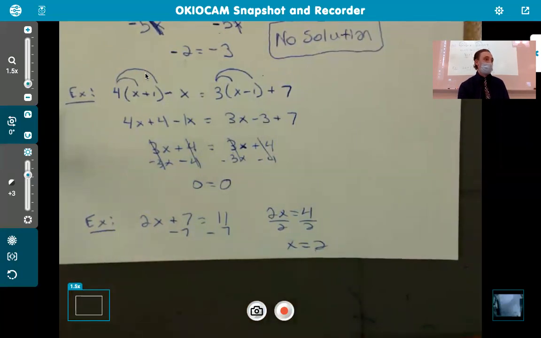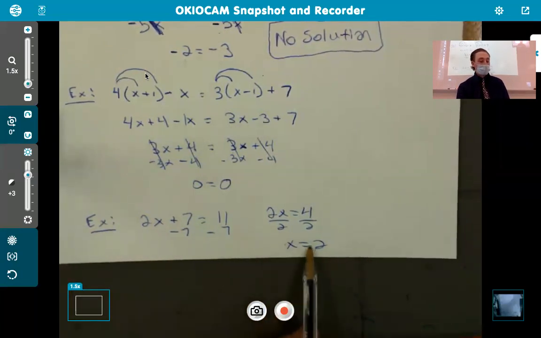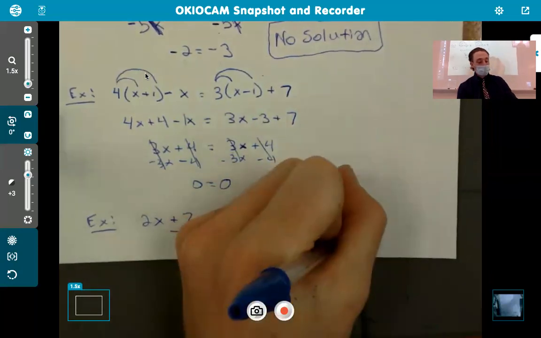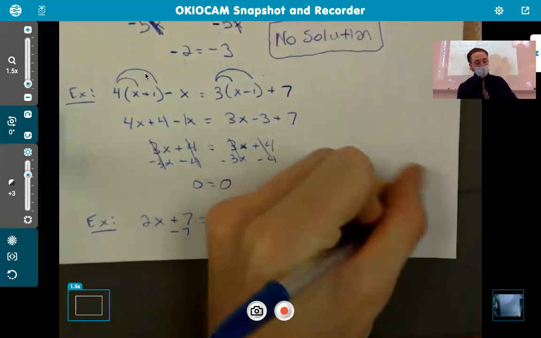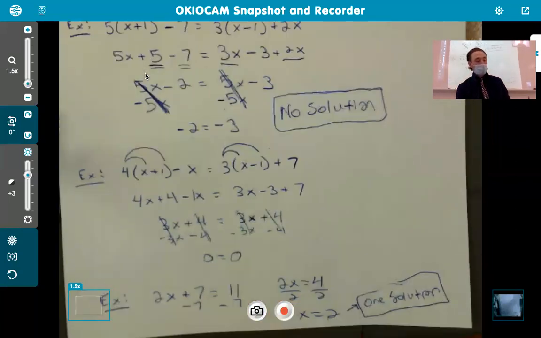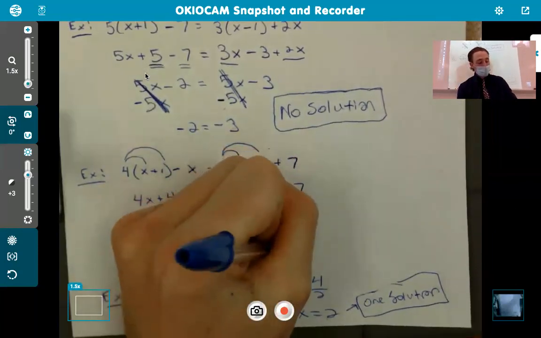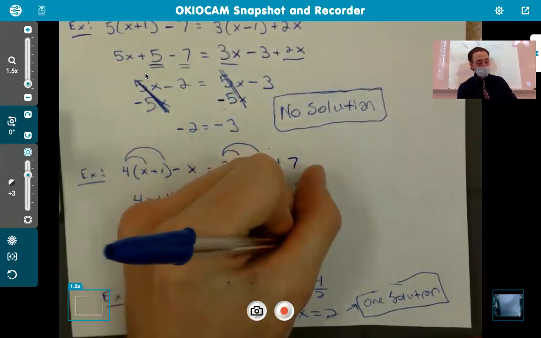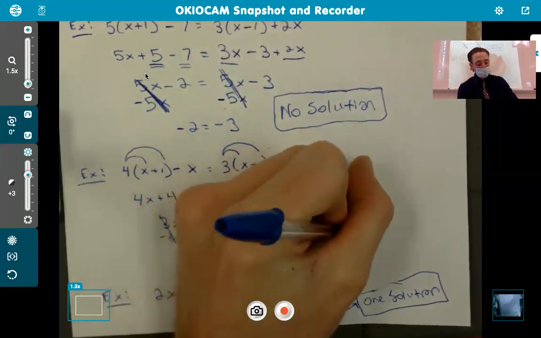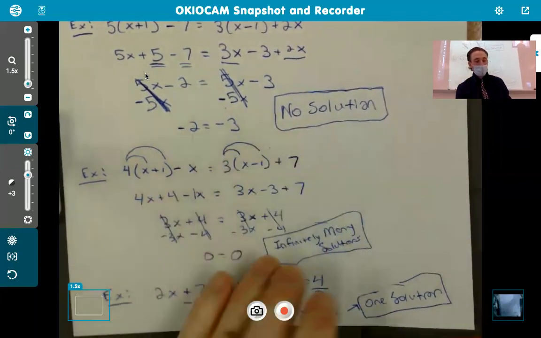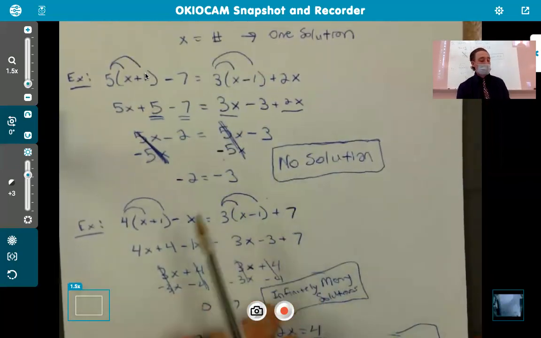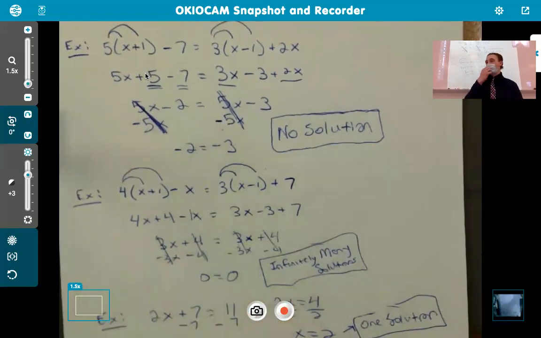One solution, right? Makes sense. If I have x equals a number, that's my one solution type. Whereas if I have the same thing on either side, this is infinitely many solutions. And if I have something different on either side, that's no solution. So these are the different solution types that we're going to be able to see and work with given any problem that we encounter from here on out.